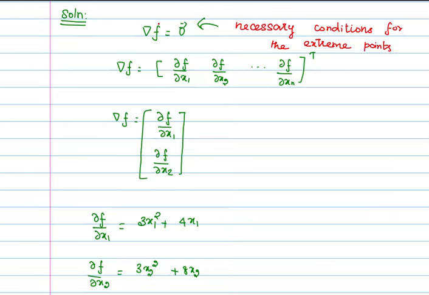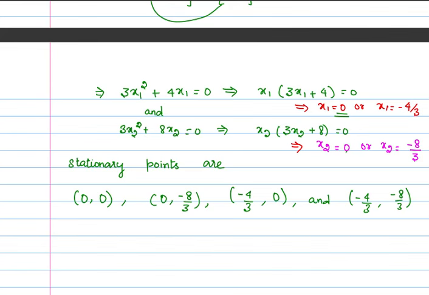We cannot yet say these are extreme points; the points that satisfy this condition we call stationary points. So we found these are my stationary points. Next, I want to check the sufficient condition.